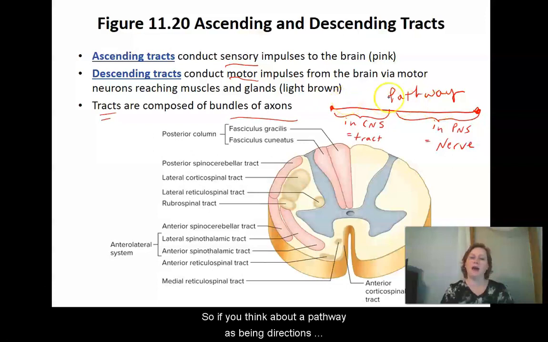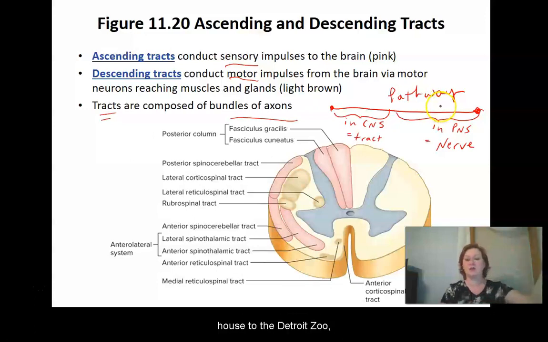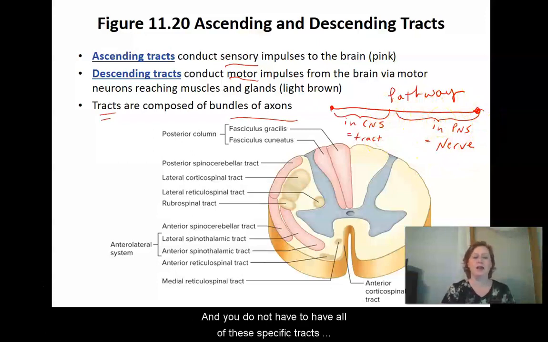So if you think about a pathway as being directions to get from one place to another, like my brain to my big toe, or directions to get from my house to the Detroit Zoo, part of that pathway will be on the highway, and part of that pathway will be on back roads. So you can kind of think of it that way. And you do not have to have all of these specific tracts memorized for this class.